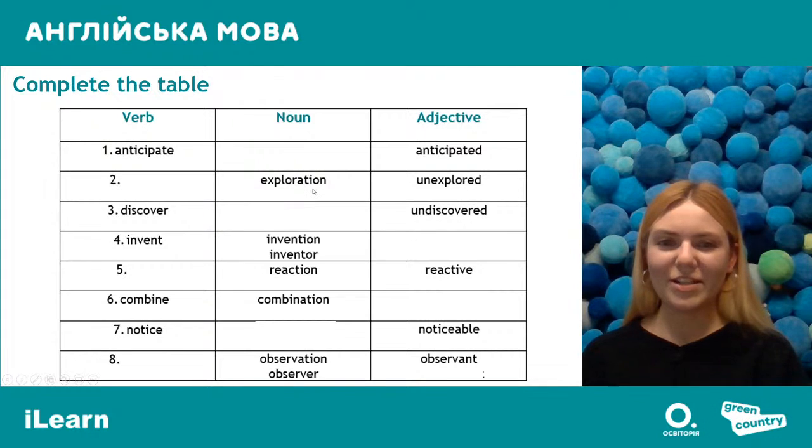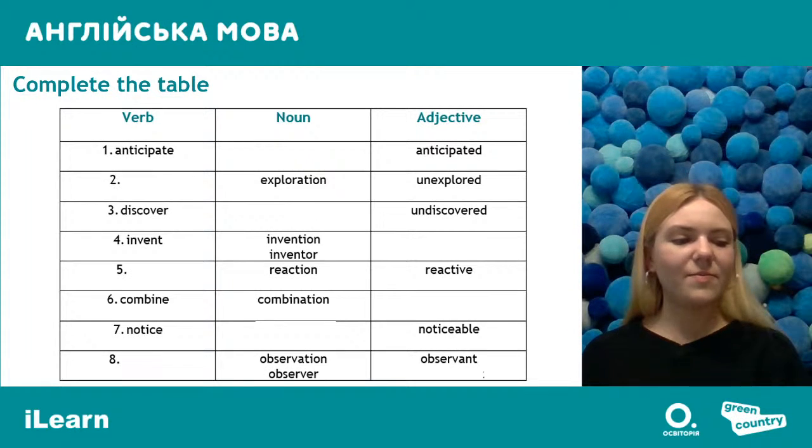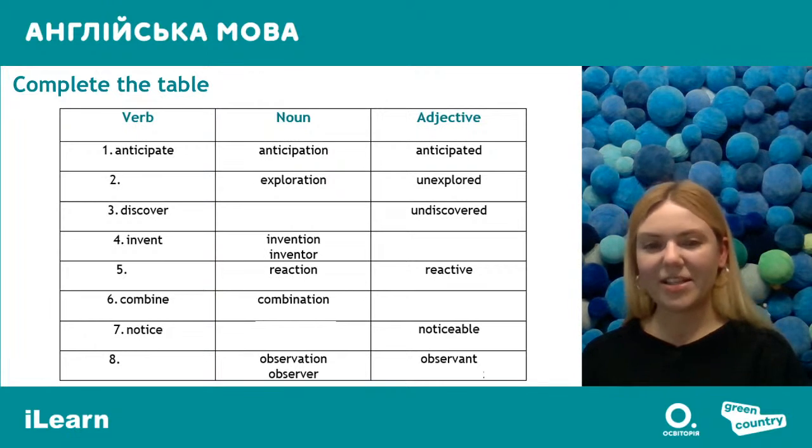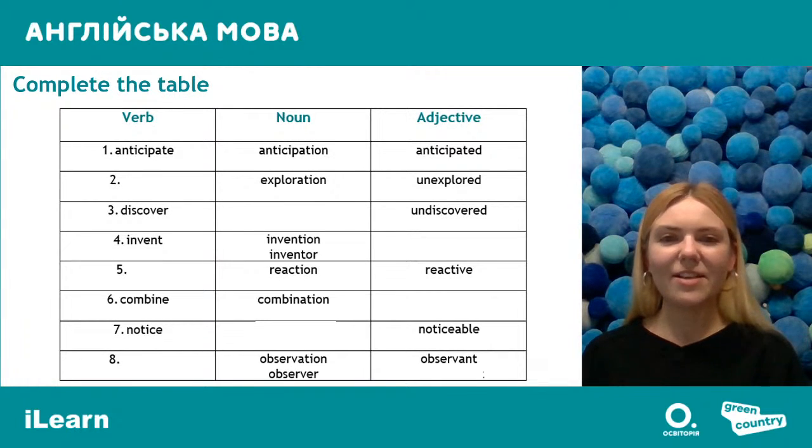Okay, you can put your ideas to the chat if you know this word, or you can try to guess, and then we will check it together. So what will be the noun? Передбачення, очікування, and that is anticipation, right? Yeah, and there is a very nice phrase, in anticipation of something, в очікуванні чогось.